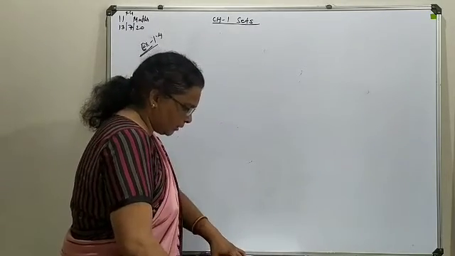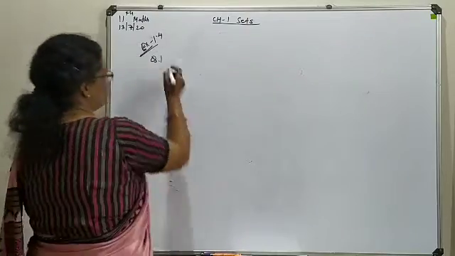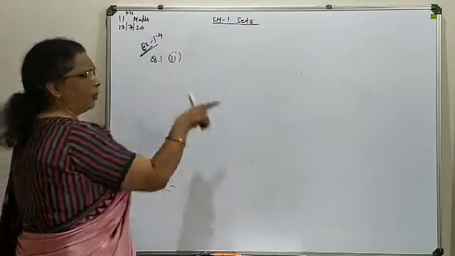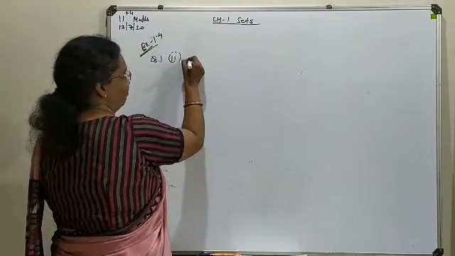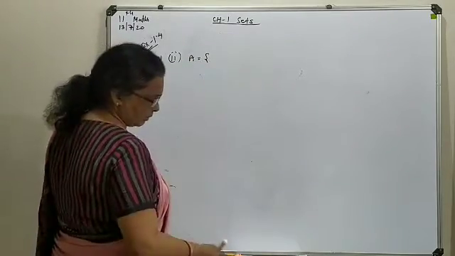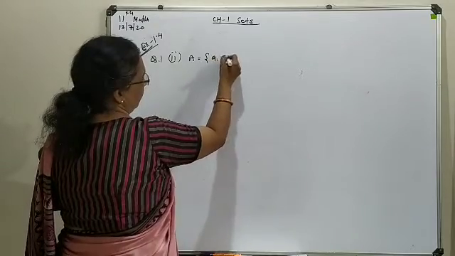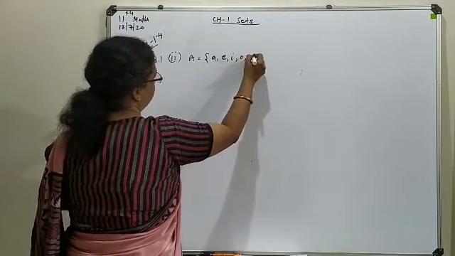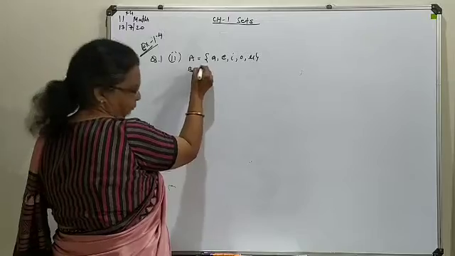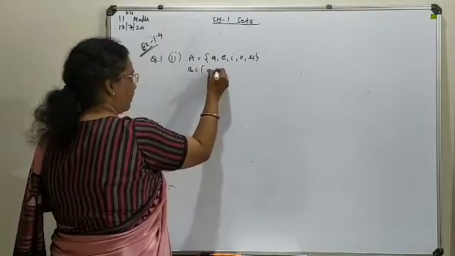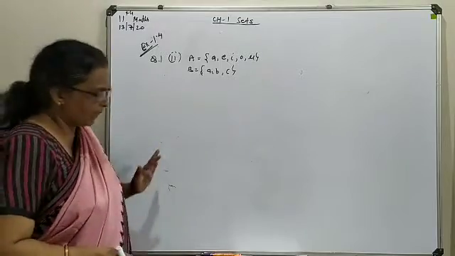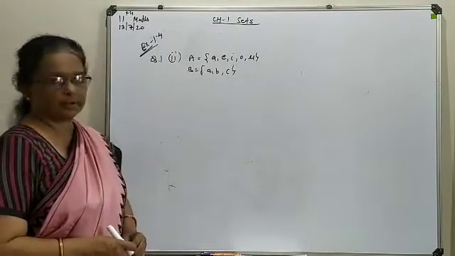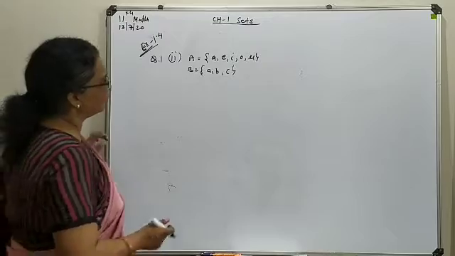Let's start with the second part, in which unions are to be found in all the cases. In set A, vowels are listed, that is A, E, I, O, U, whereas in set B, only 3 elements are listed: A, B and C. Now in each case you have to find the union only, so it is a very simple form.